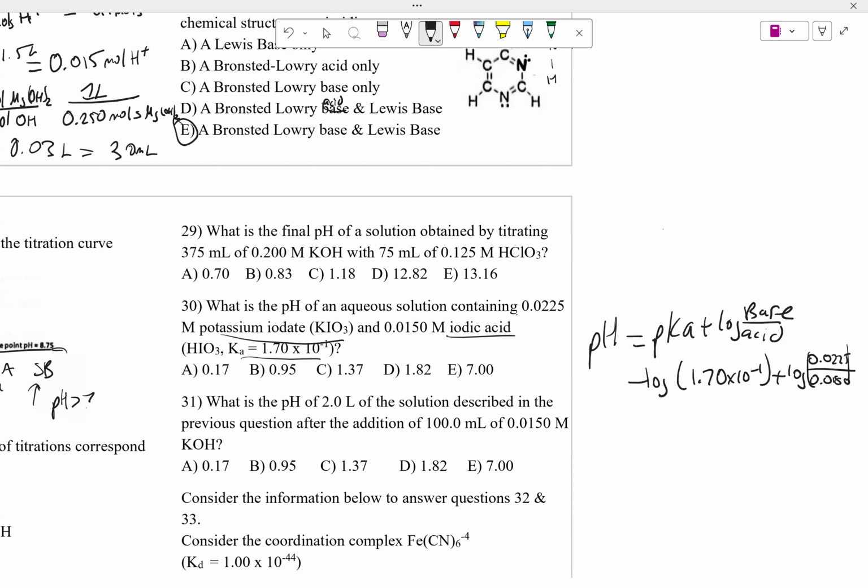Negative log of 1.70 times 10 to the negative 1 plus log of 0.0225 divided by 0.0150. And I got choice B, 0.95.